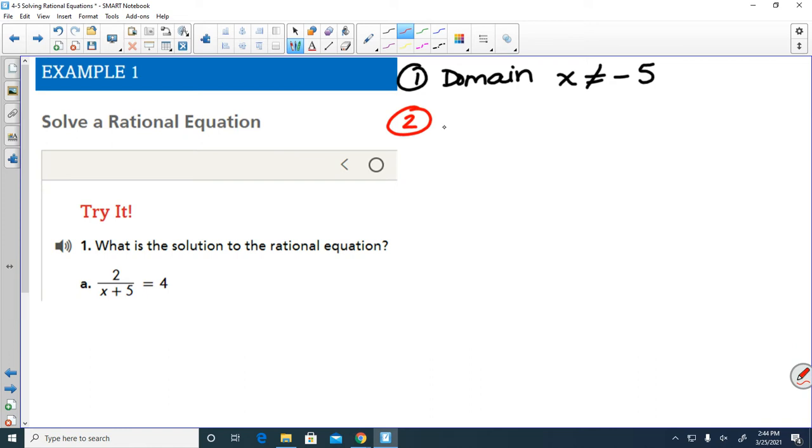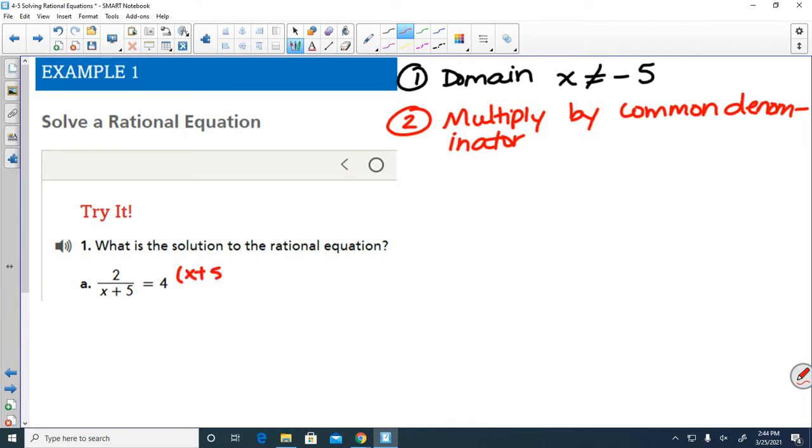So I'm going to multiply both sides by x plus 5. On the left side, the x plus 5's divide out because x plus 5 divided by x plus 5 is 1. So the left side, I'm just left with 2.